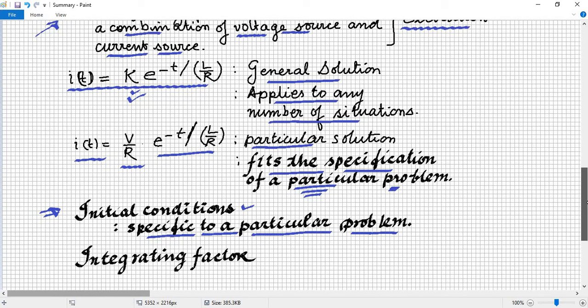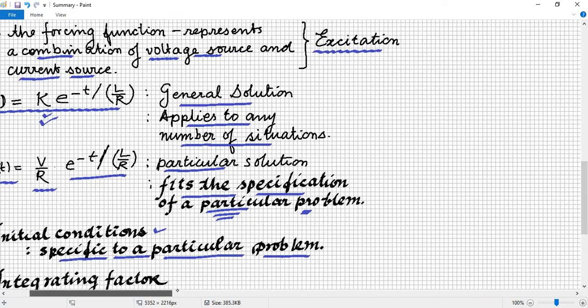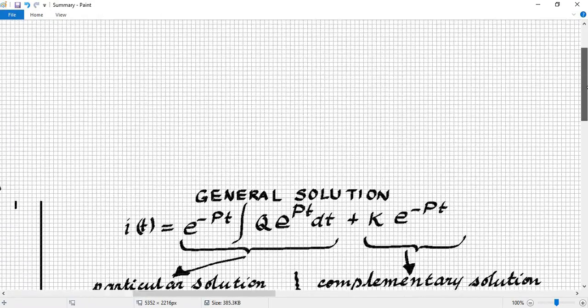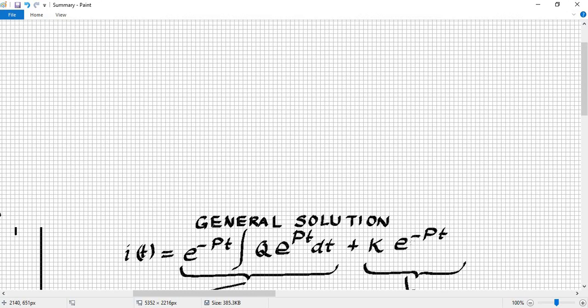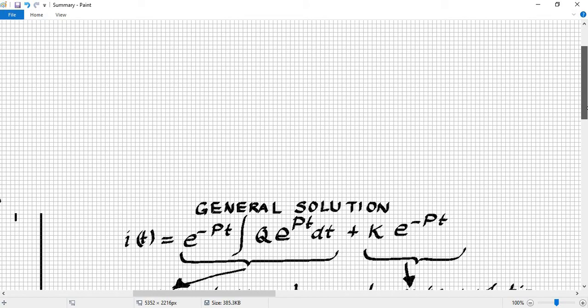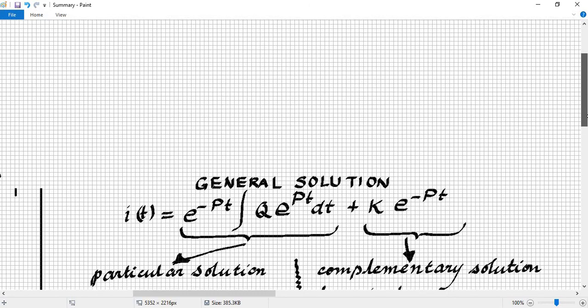We have seen how to get general solutions with the help of the integrating factor, and the general solution which we get is of this form, where we have two parts. The general solution can be seen as a combination of two responses.